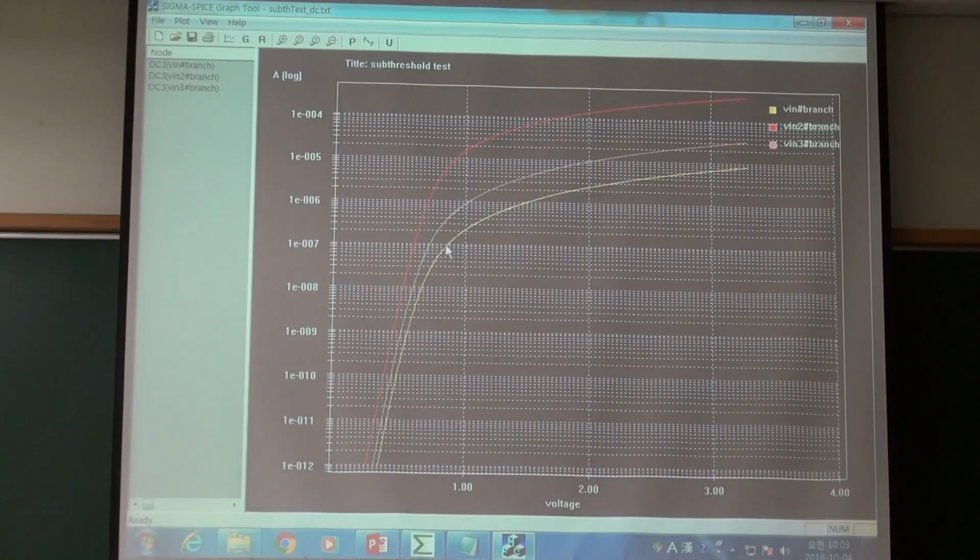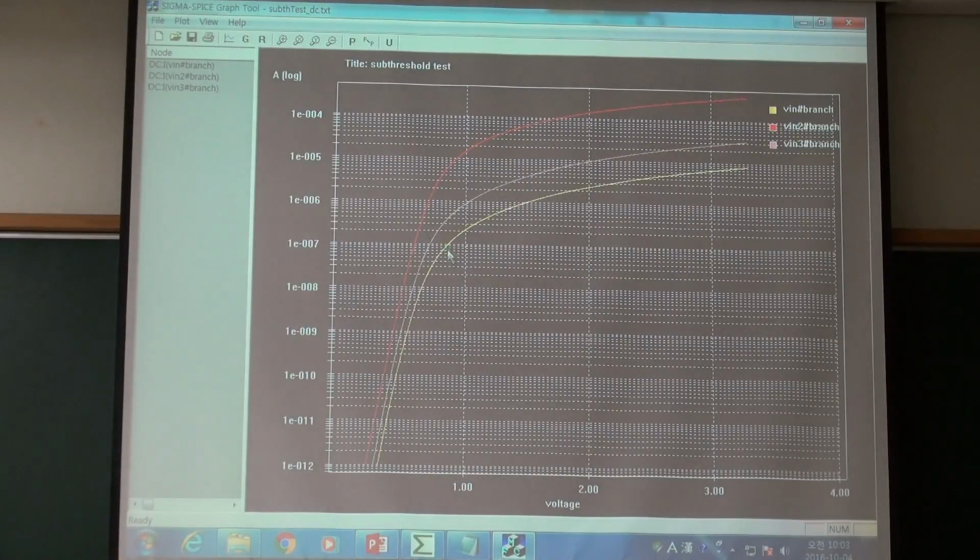But for this yellow one, 1 by 0.7, oh, sorry. Actually, this is 1 by 40. Is it right? Let's see. Oh yeah, sorry, this is 1 by 0.7. Yeah, strong inversion. I can say 1 by 10 also works in weak inversion at the 100 nanoamp.